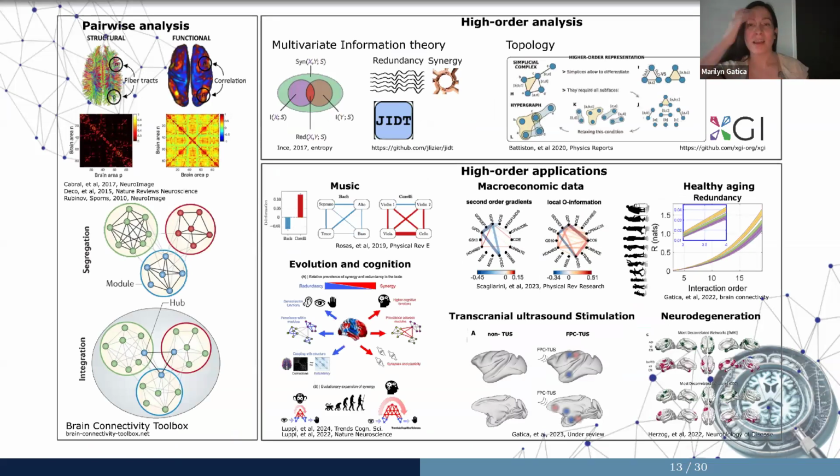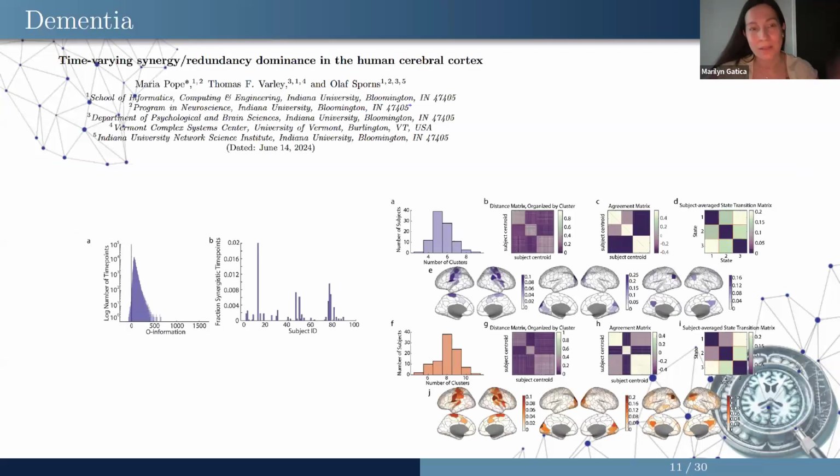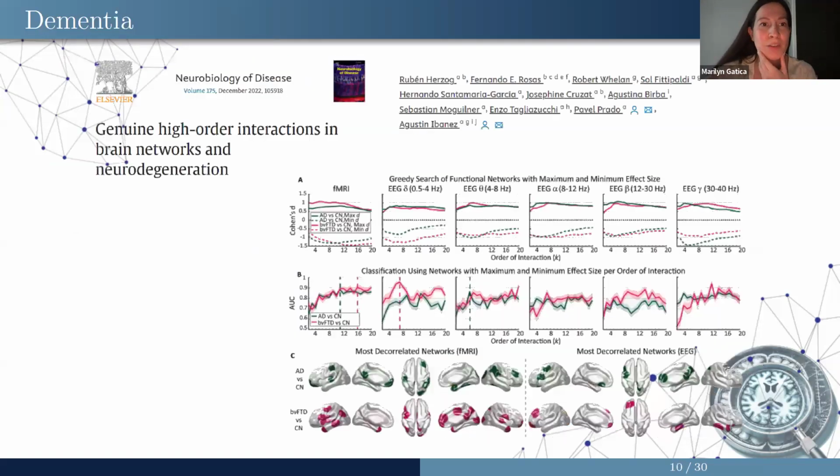Yeah, for example, I think of these different papers: Maria Pope, Thomas Varley, they have a lot of different papers. There is also Ruben Herzog, if you would like to go into Alzheimer's and neurodegeneration. Andrea Luppi has a bunch of different papers on consciousness, cognition, and evolution, doing the analysis not only in humans but also in macaques, showing that, for example, there is more synergy in humans than in macaques.